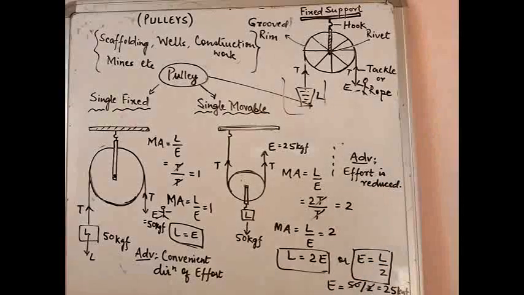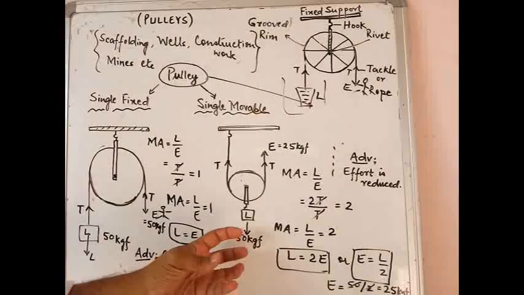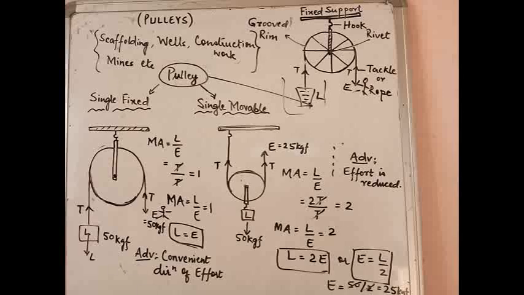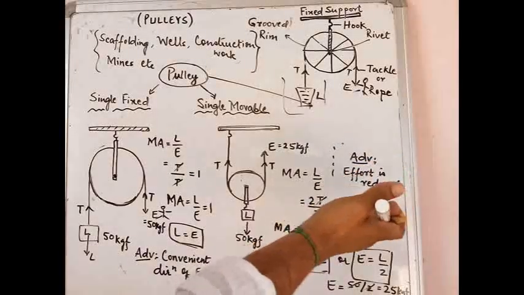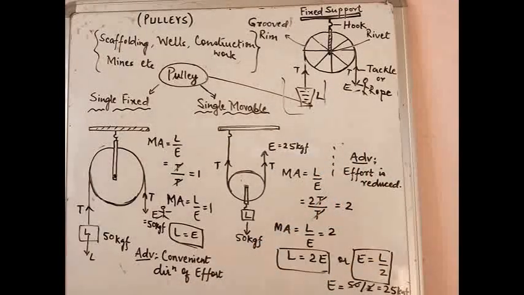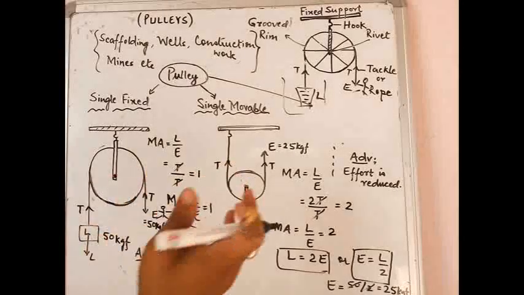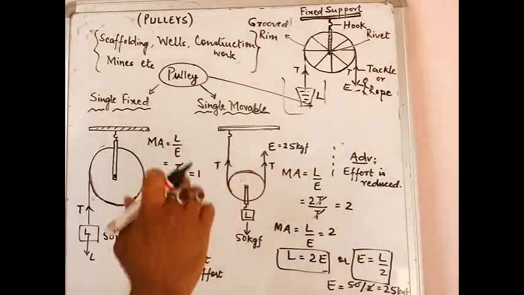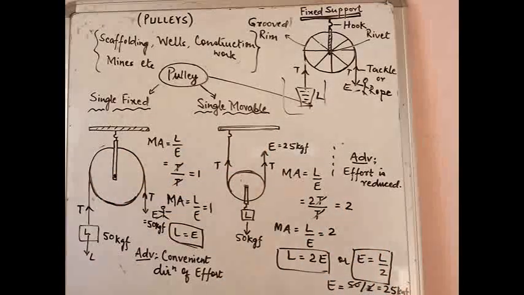To pull up the same amount of load, our effort has become halved. In fact, you can write reduced, or you can also write halved of the load. So if you have to really pull up 100 newtons of load, you don't have to apply 100 newtons as the effort. You can apply only 50 newtons. So that is a big advantage over here.